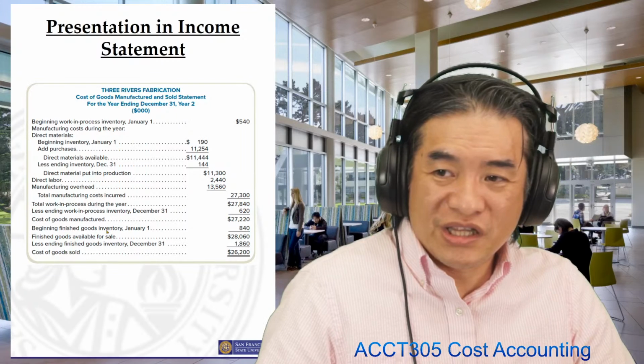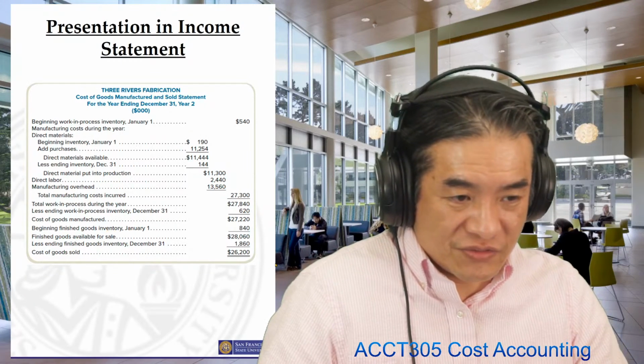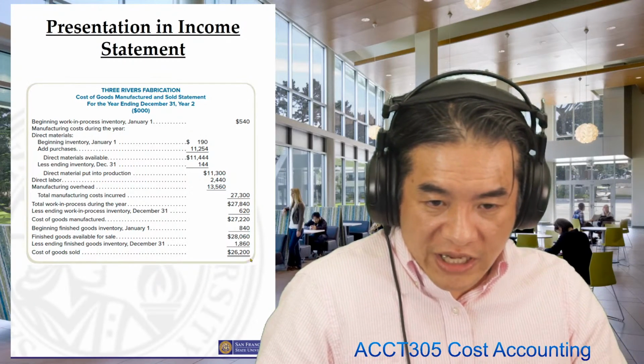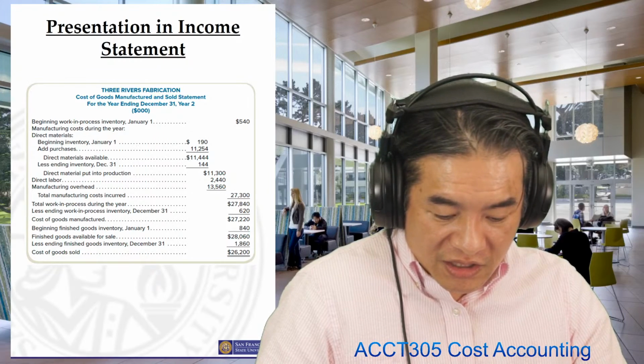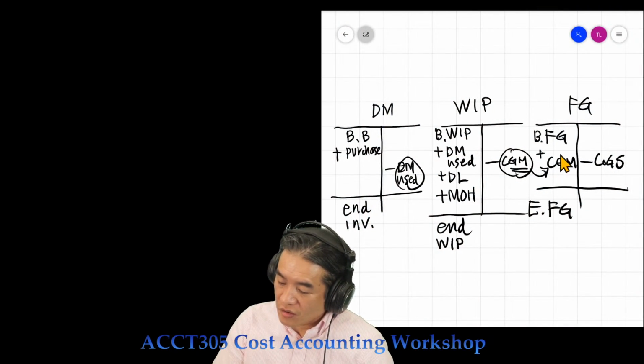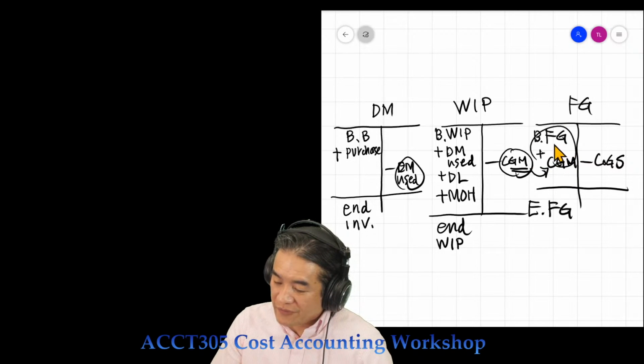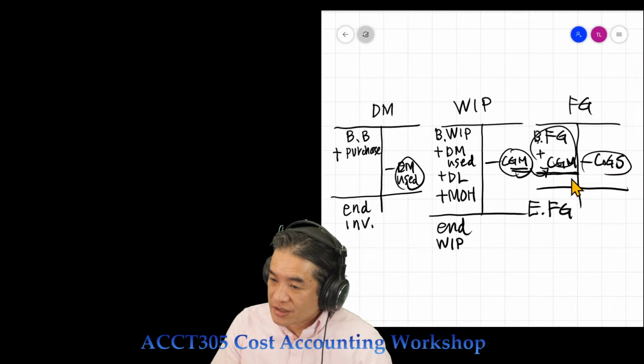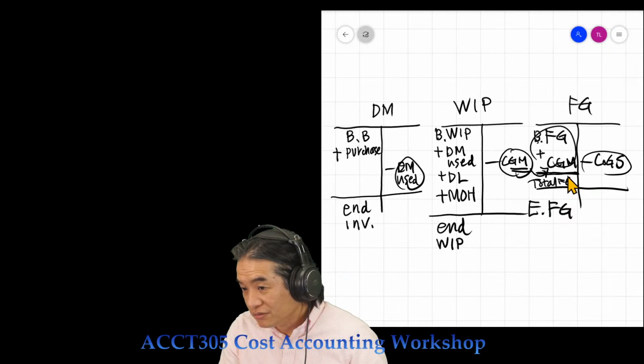You don't really need to worry about that in T accounts, because if you really want to add that line in a T account, it doesn't make much sense at all. Over here, you have that beginning finished goods inventory plus CGM. Before taking out the COGS, you have total finished goods available for sale.